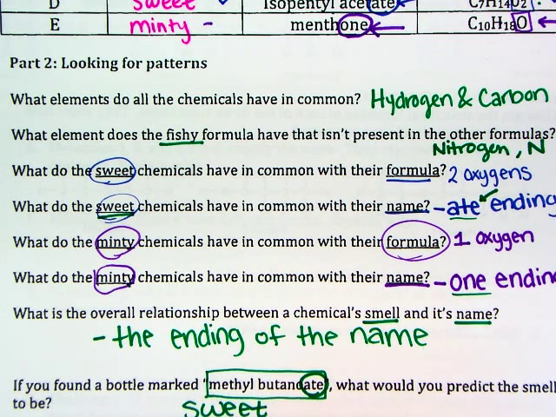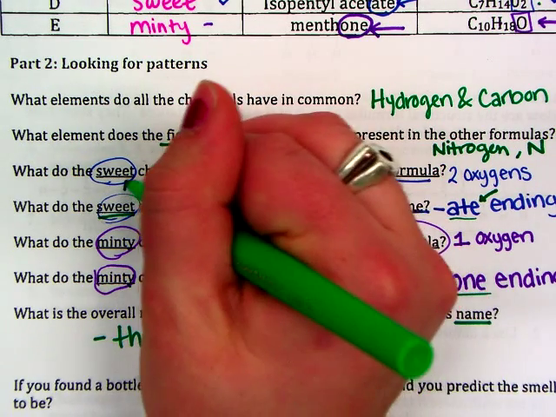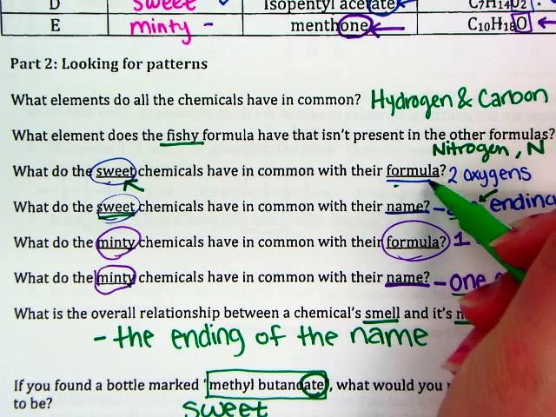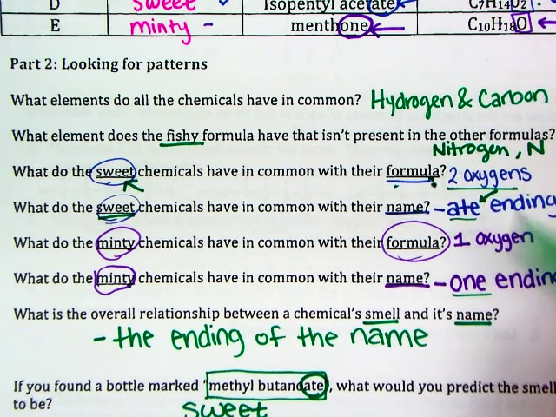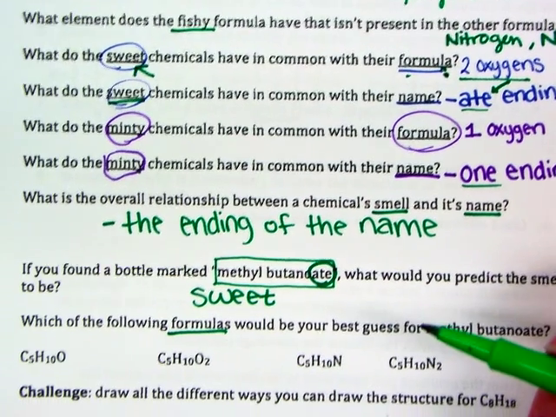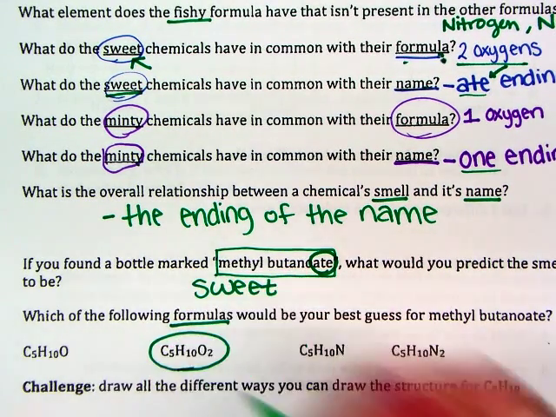And if methylbutanoate smells sweet, which of the following formulas would be the best guess? Well, sweet chemicals have 2 oxygens in their formula, which leaves us only with choosing the second chemical formula, C5H10O2.